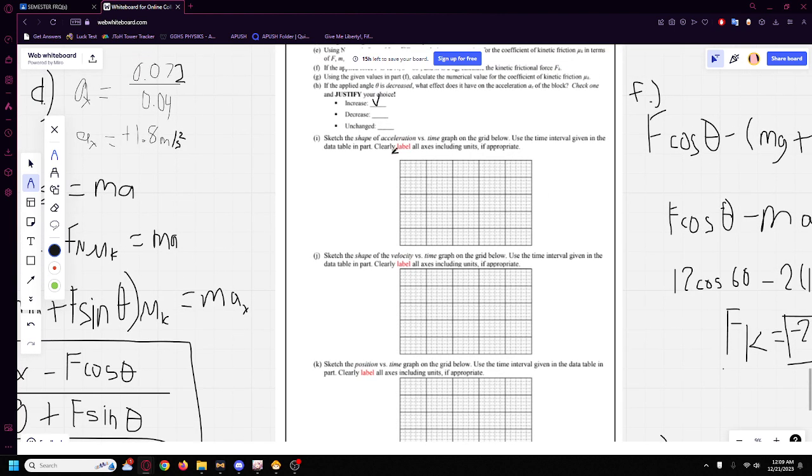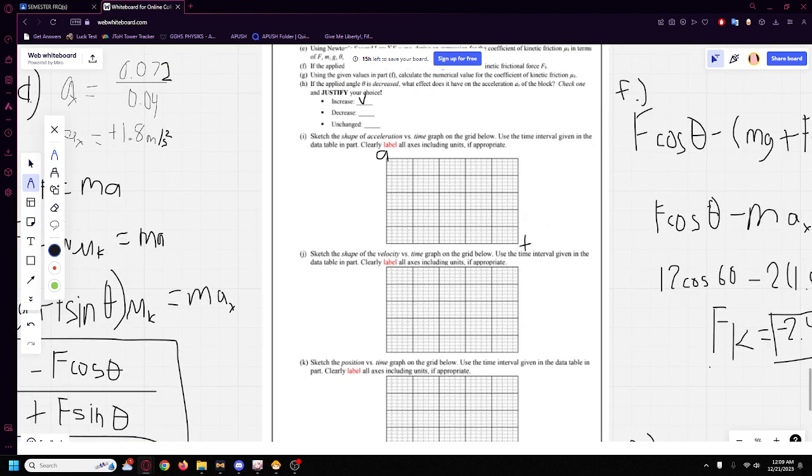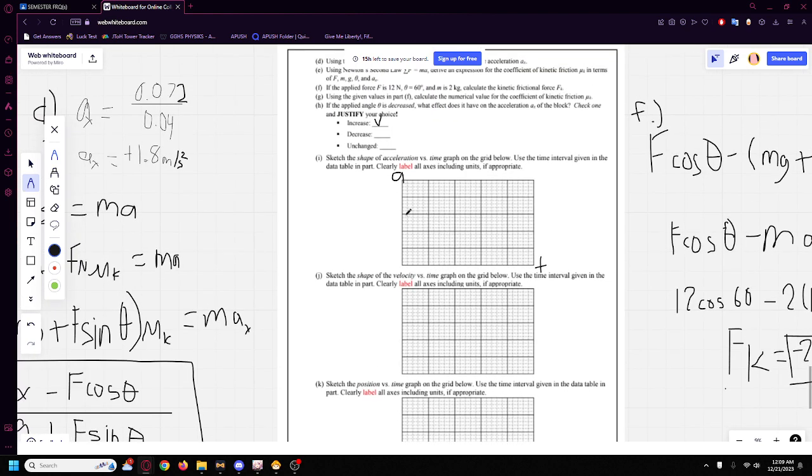Okay. So this is an A and T graph. You're asked to sketch. So the acceleration graph would stay the same.